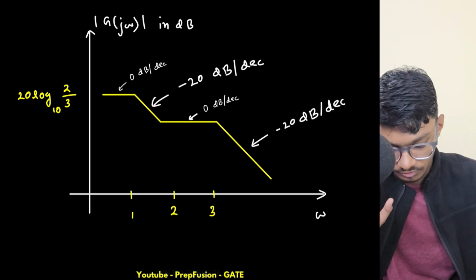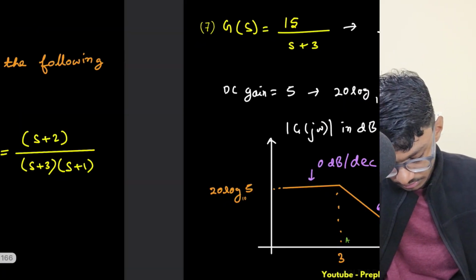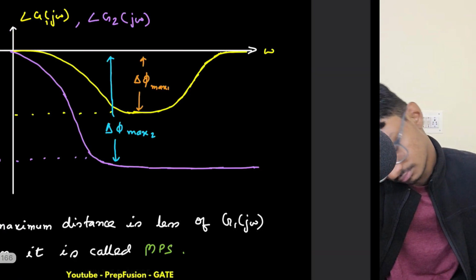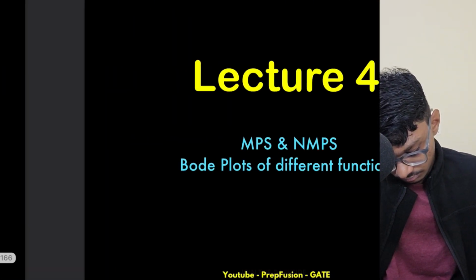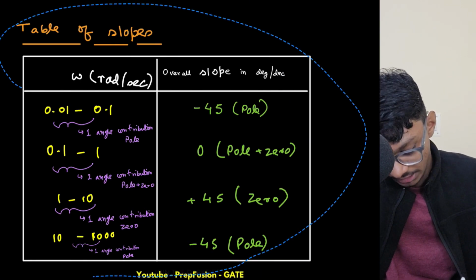Now let's plot the Bode phase plot. What we'll do is first copy the table of slopes.